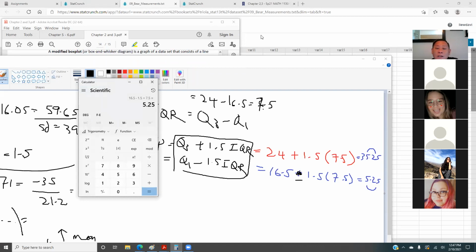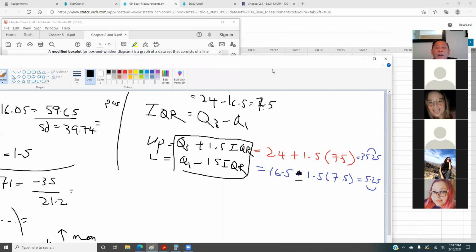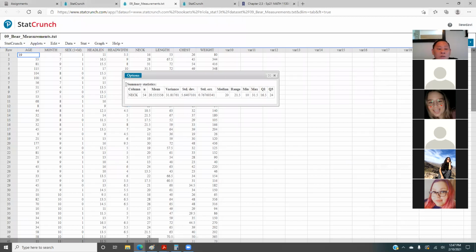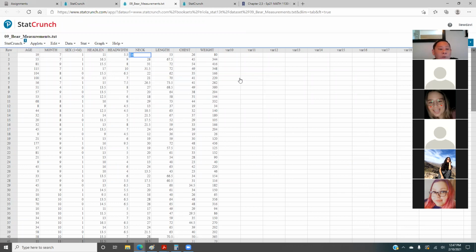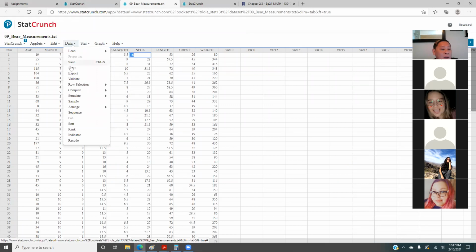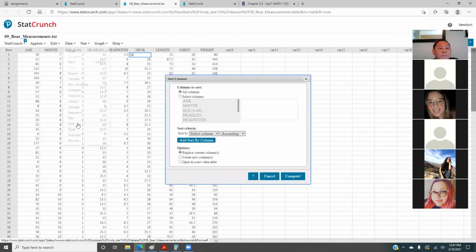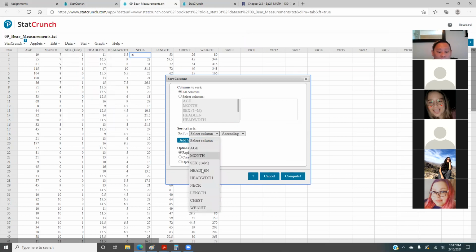So how do you know that it's an outlier? You just sort through it. This is about the neck, right? So what you do here is you go under your data, you go to sort, you pick neck, descending, small to big, and then you replace by.